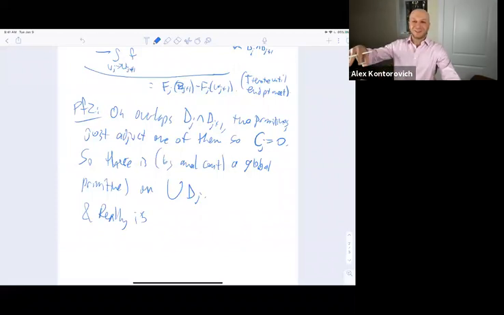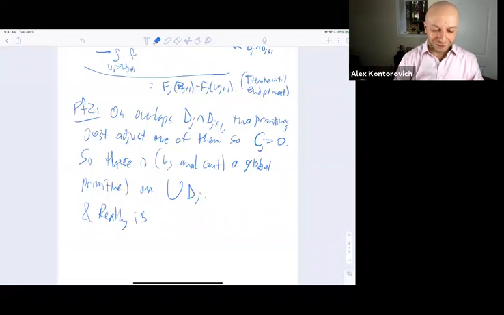There really is this chain of primitives. It's just that when you start with disk 1 and you start doing this chain, the danger is that you'll come back to the original, that there will be an intersection of disk 1 and disk n.